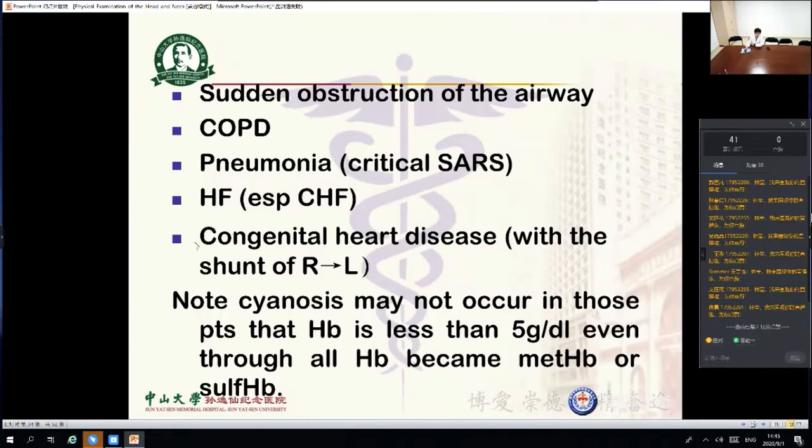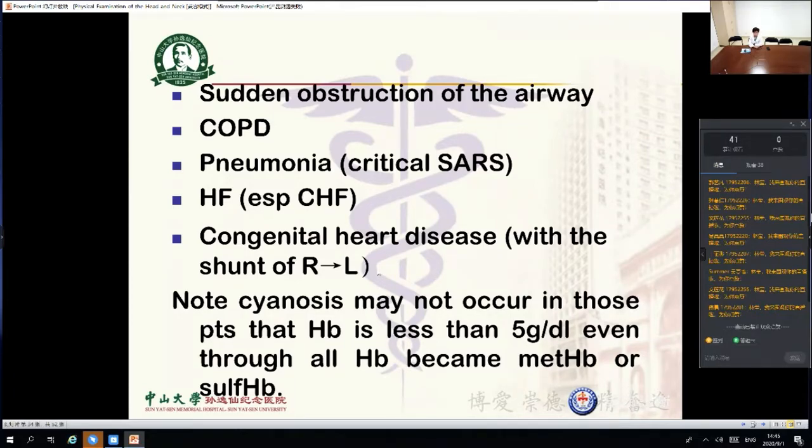And typical heart disease I would like to introduce for cyanosis is the congenital heart disease with the shunt from right to left, from the right side of the heart to the left side, both the atrium or the ventricle shunt. So these 5 clinical situations will lead to the presentation of cyanosis in this kind of patients.